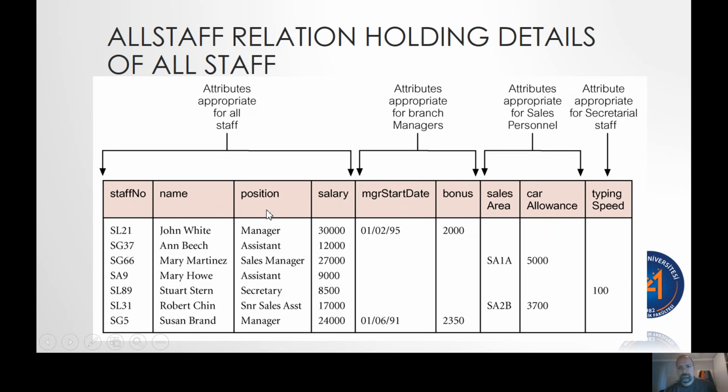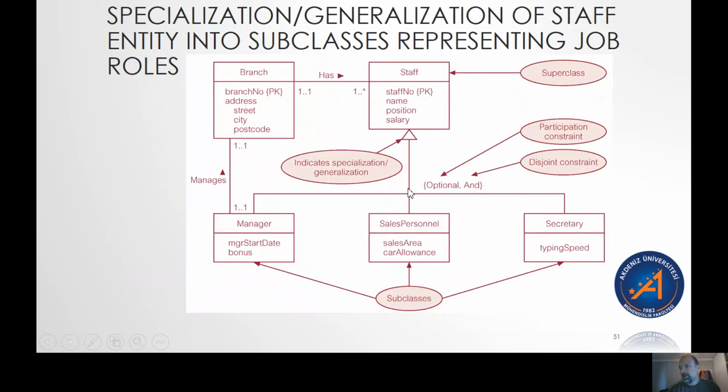These are some examples of things we might need to know specifically for certain types of staff. Just like in UML, the way that we would draw this in the diagram is this nice little triangle with a line here. It is a one-to-one relationship. This one-to-one, by the way, goes over here to the branch. Don't put that over here on this line, that's not where it goes. It's focused on this line over here.